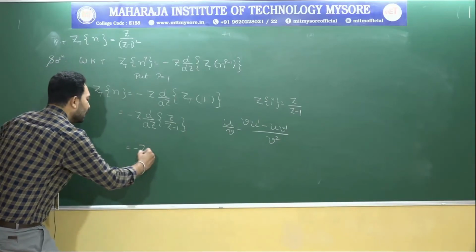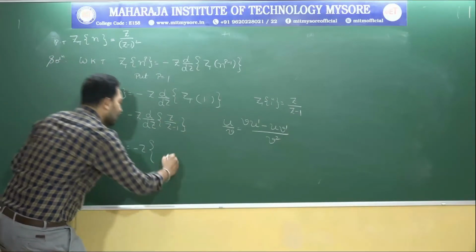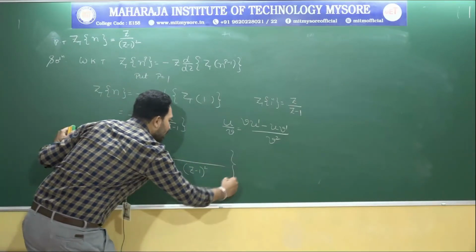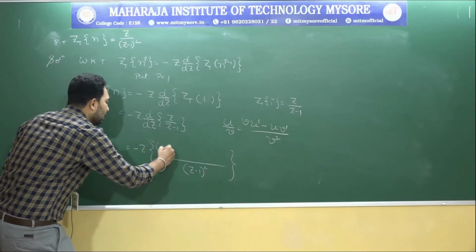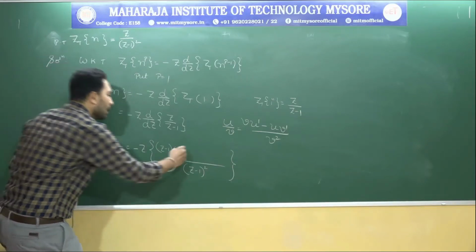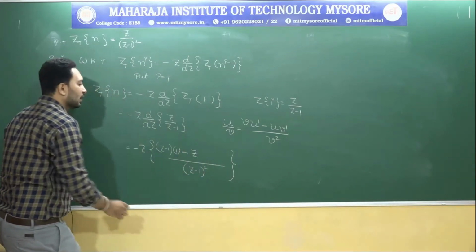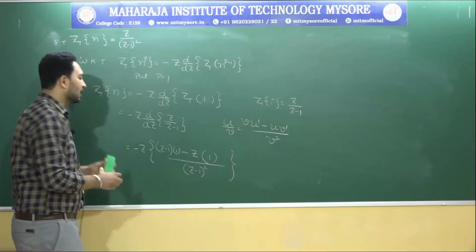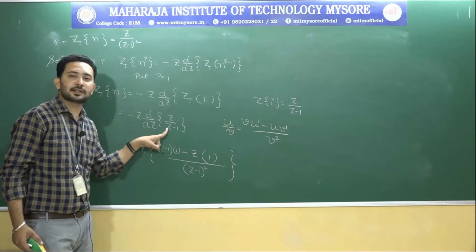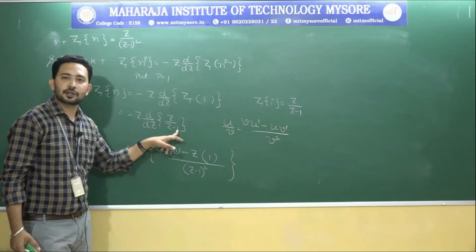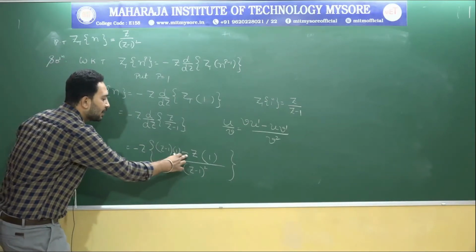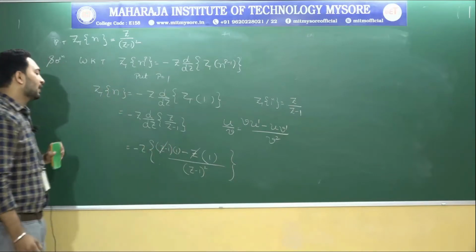We'll get minus z into, u by v, denominator square, that is z minus 1 whole square. Next, denominator z minus 1 into differentiation of numerator, that is 1, minus numerator z into differentiation of denominator. Differentiation of z minus 1 is 1 only, and the differentiation of 1 is 0. So here we have plus z and minus z, and they cancel with each other.